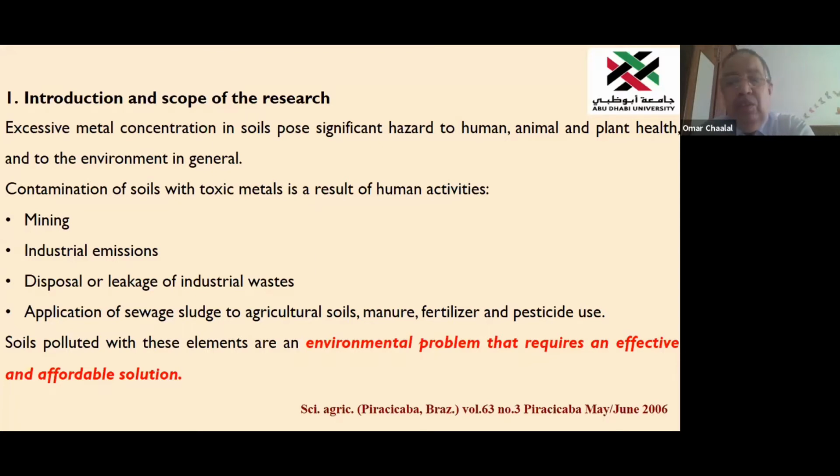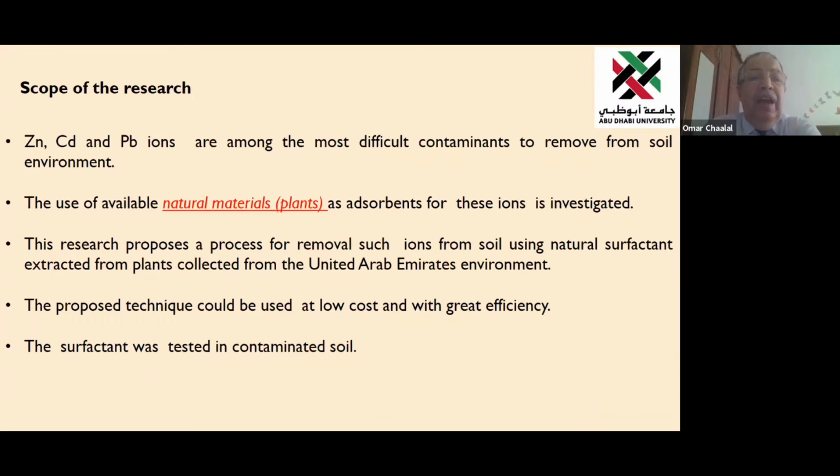A solution should be efficient, and it should also be affordable. Money talks. At the bottom, you can see some of the references I am using. Here, we have done some research on zinc, cadmium, and lead ions.